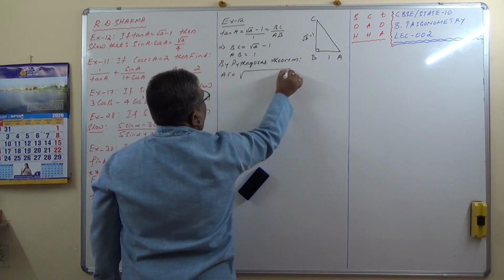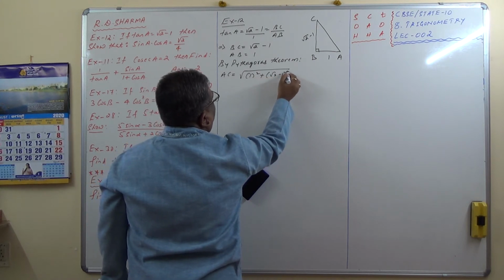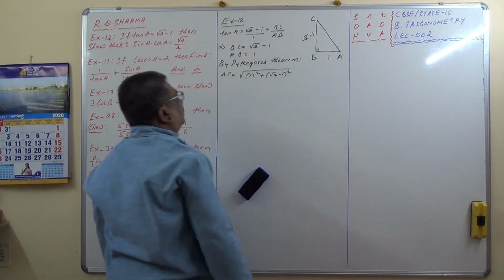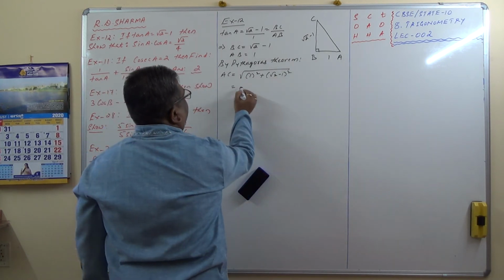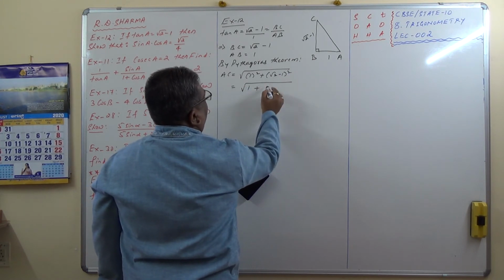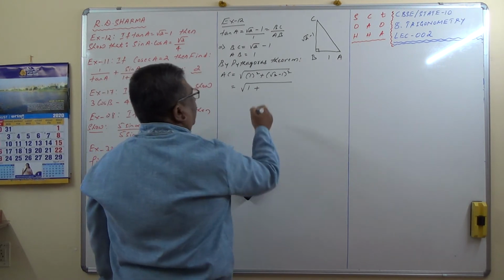AC equals under root of 1 square plus root 2 minus 1 the whole square, which equals under root of 1 plus root 2 minus 1 the whole square. We'll evaluate that one.